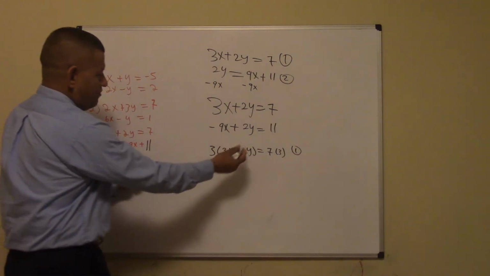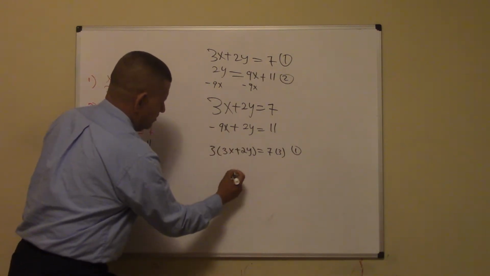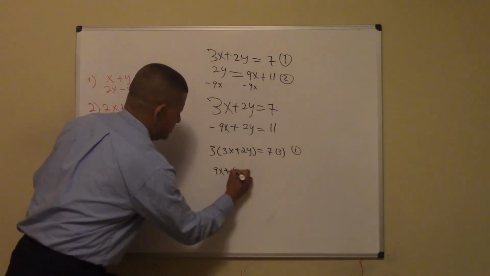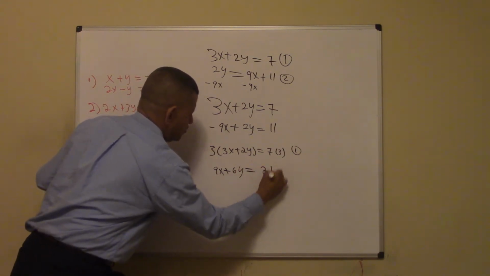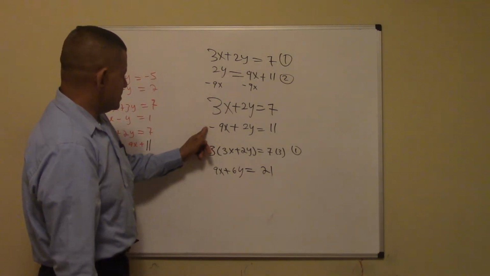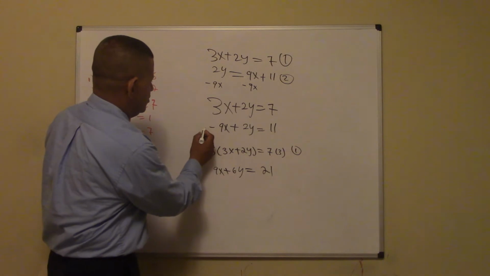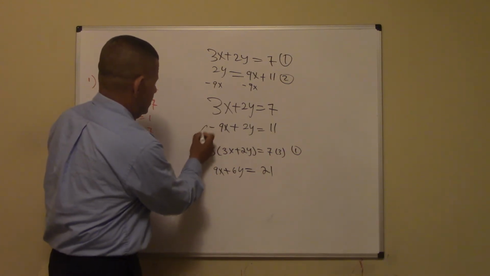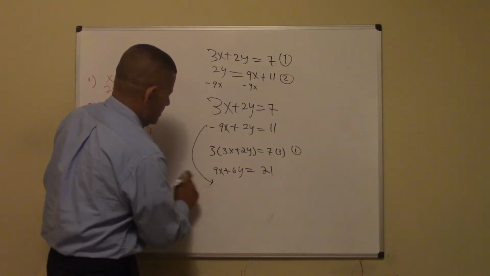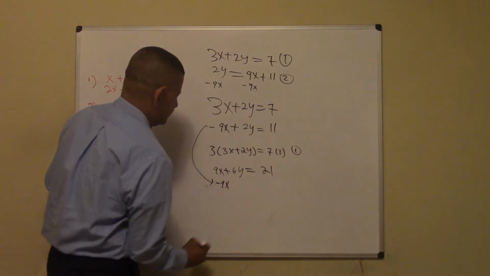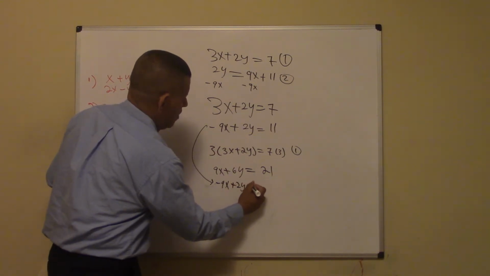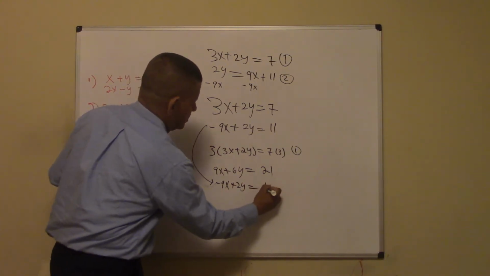When I do the math here, I get 9x plus 6y equal to 21. Now I bring equation number 2 down here, and I get negative 9x plus 2y equal to 11.